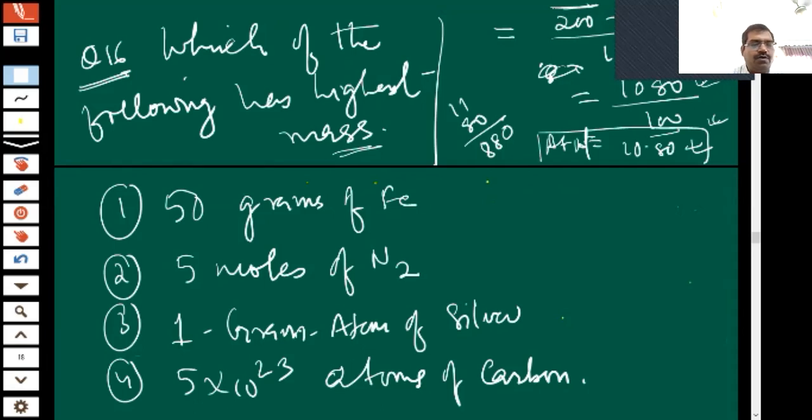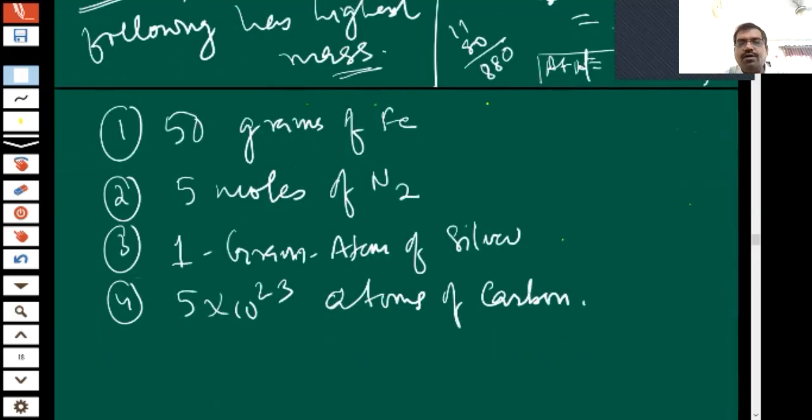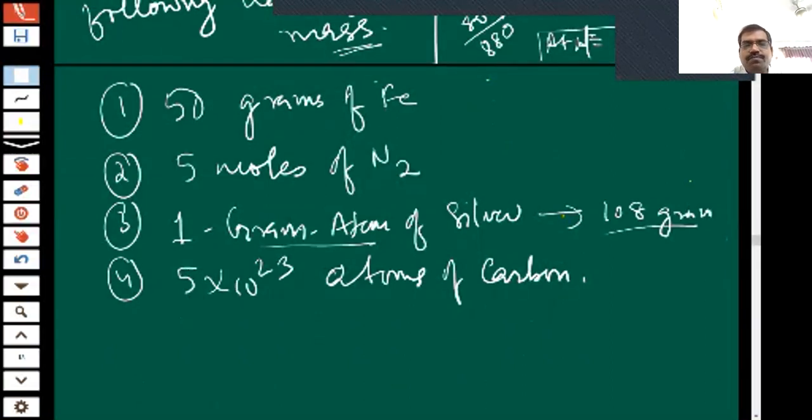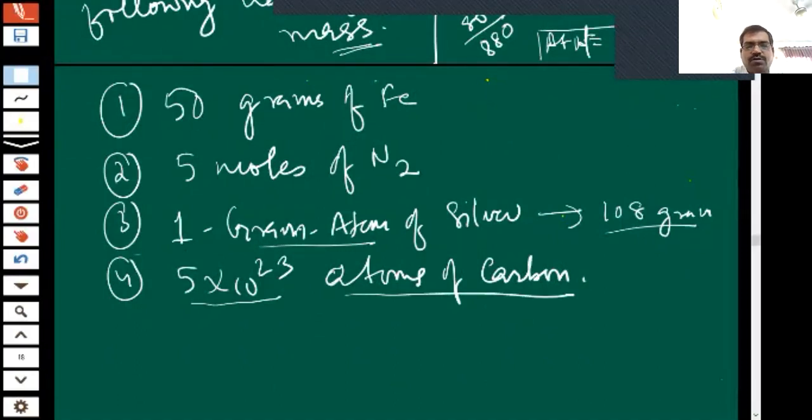Let me give you the proper value. 108. So if we are using gram atom, its value will be, because it's the molar weight of silver, 108 gram.